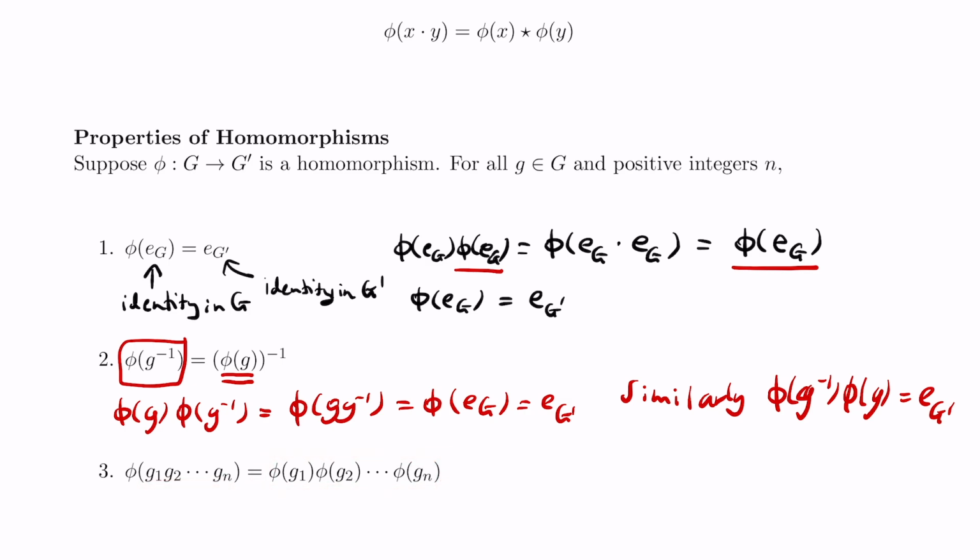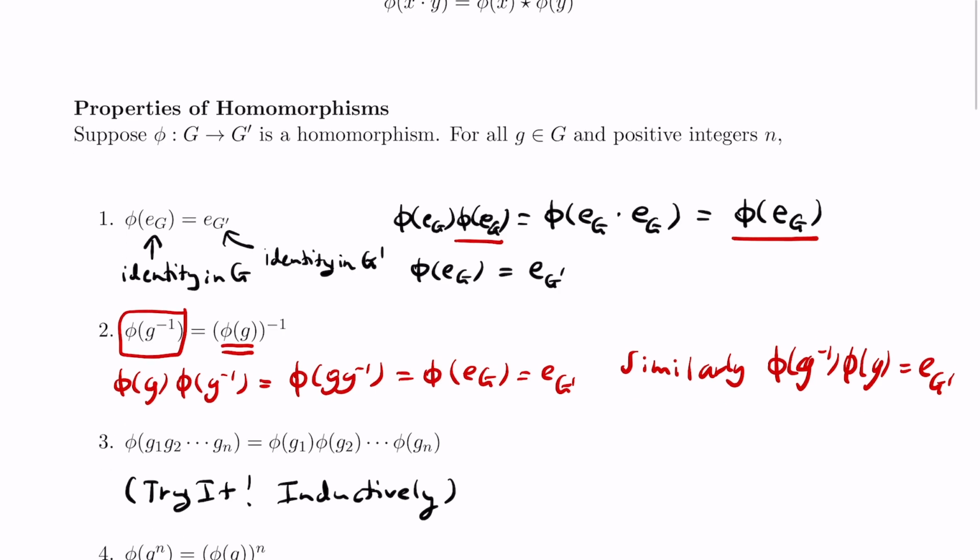In other words, phi of g1 through gn is phi of g1 times phi of g2 up to phi of gn. And you can actually prove this by induction. So I'll say try it inductively, but you can kind of see that it would fall out intuitively from this product definition.